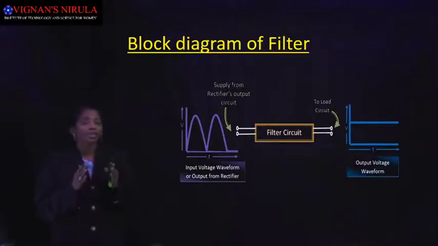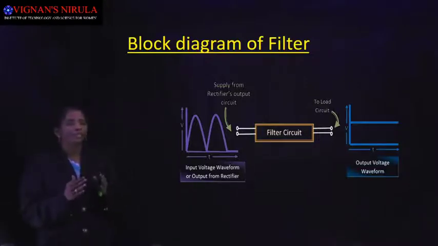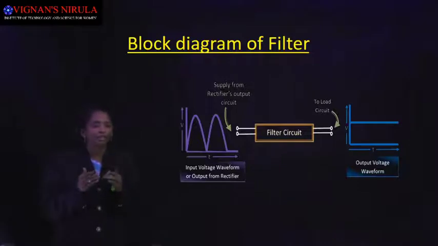The rectifier takes alternating current and converts it into pulsating, or unidirectional, DC. This is given to the filter circuit, which converts that unidirectional DC into pure DC.